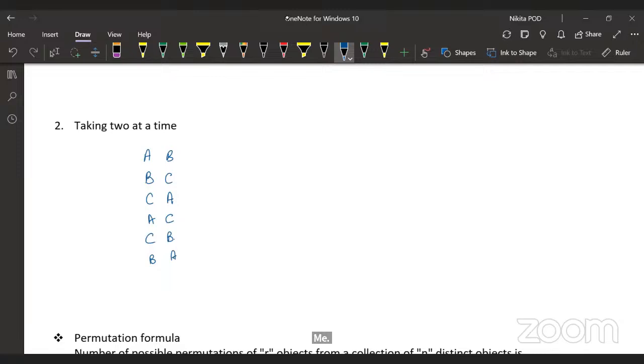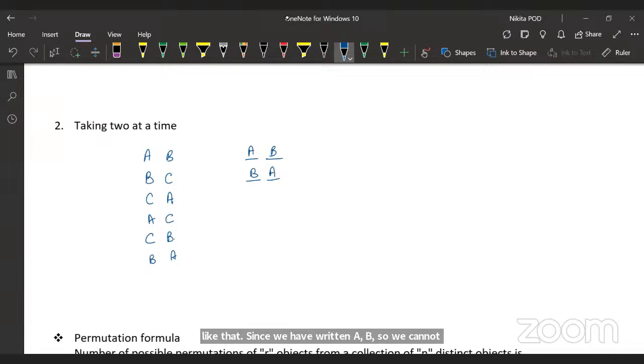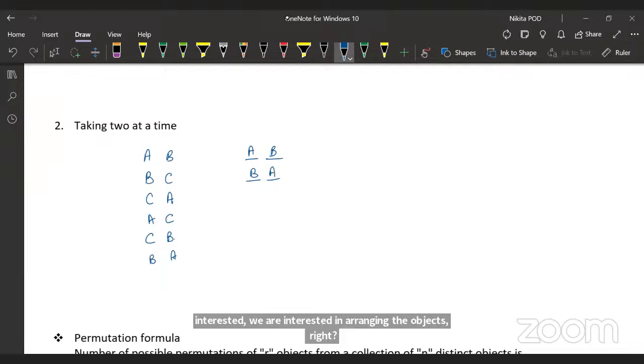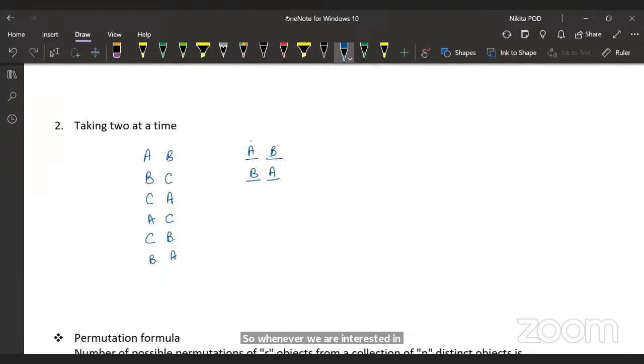So we saw that here order matters. It's not like since we have written AB, we cannot take BA. We'll have to consider BA also, because we are interested in arranging the objects. So whenever we are interested in arrangements, order matters. It matters whether A is first and B is second, or B is first and A is second.